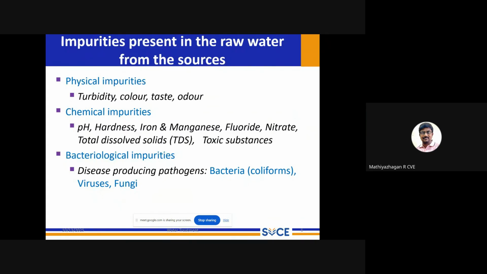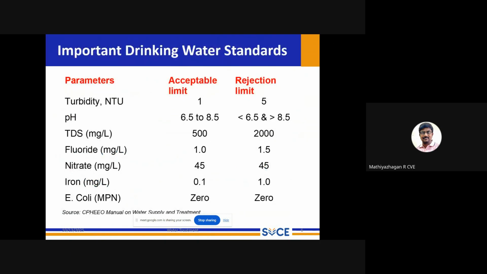In the same way, we need to convert the water into safe water, so we have to kill all the pathogens like bacteria, viruses, and other microplants. For that, we go for disinfection.